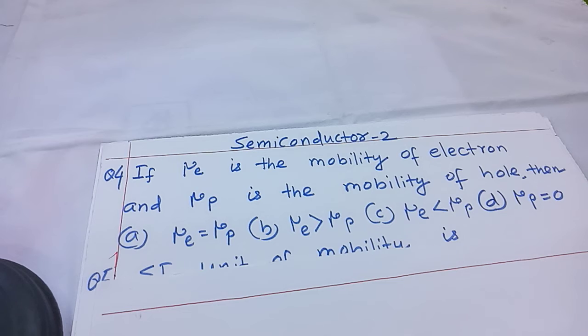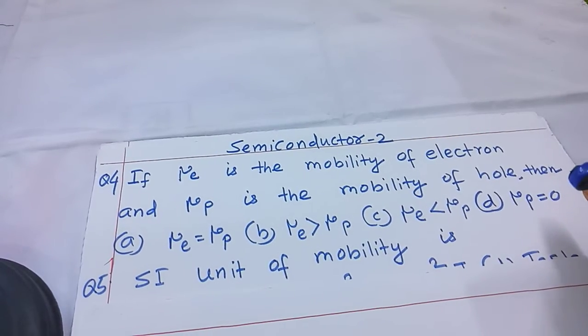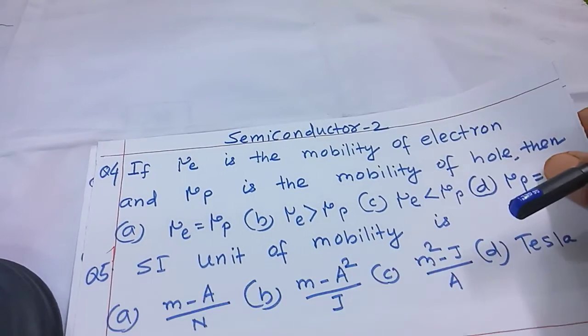That is, if you influence the electrons by an electric field, by a source of EMF, the drift velocity obtained by the electron is more. And mobility is the drift velocity attained by charged particles per unit electric field intensity, so definitely the mobility of electrons is greater.